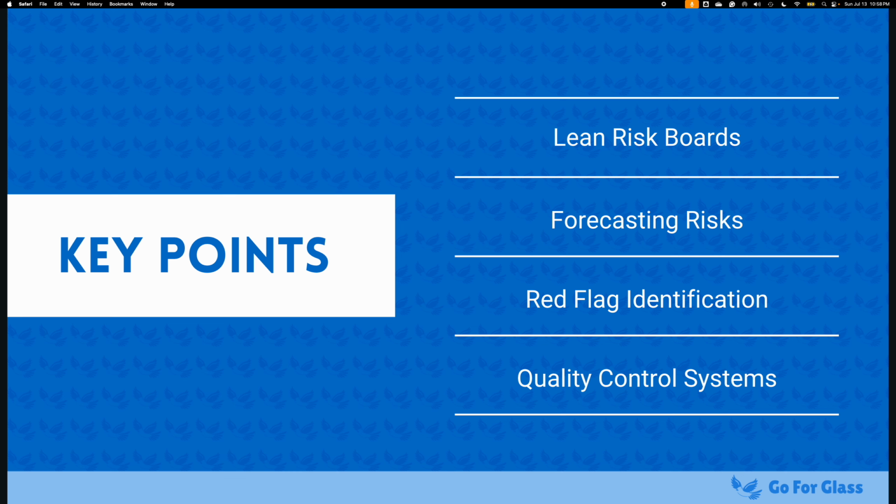I've talked to a lot of students about risk and quality management over the years, and I say over the years, but it's only been 2 years. If you find that these frameworks don't work, there are so many other frameworks out there, and I highly encourage you to go looking for them. But we'll be starting with lean risk boards, forecasting risk, red flag identification, and then quality control systems.